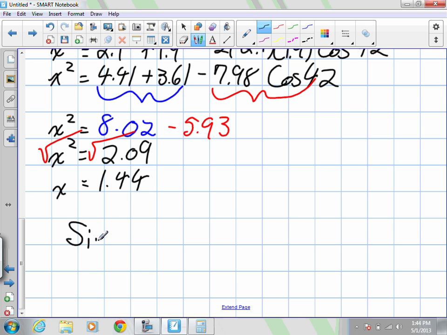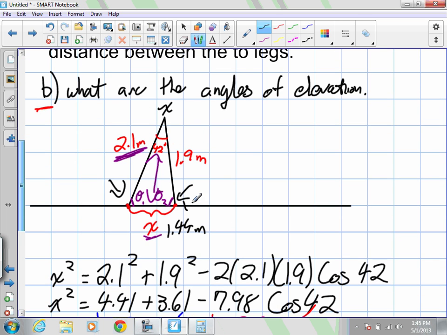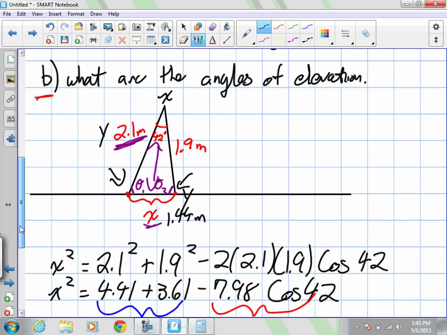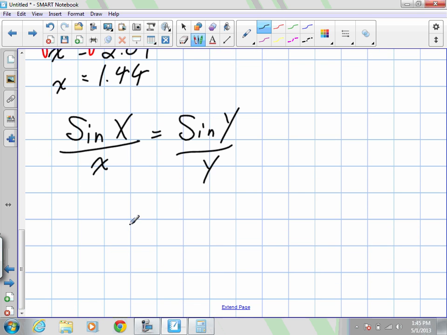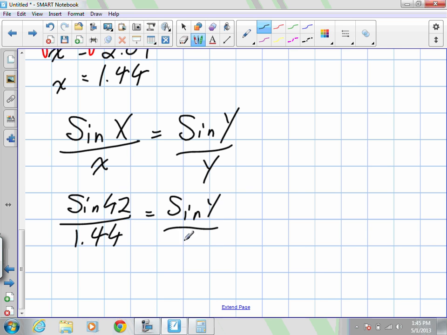We'll do sine y we'll call it. So our y will be this angle here and this side here. So x is 1.44 and the angle is 42. So we have sine 42 over 1.44 is equal to sine y over our side of 2.1.